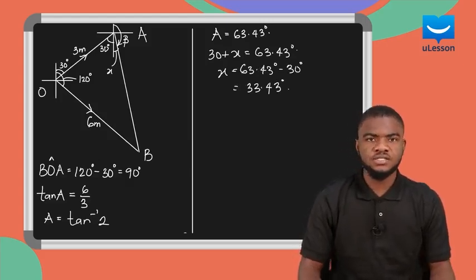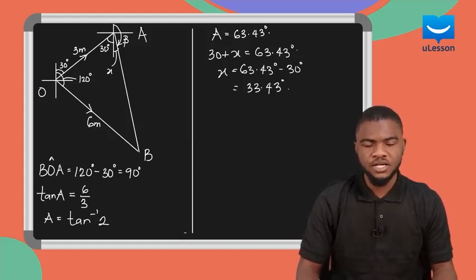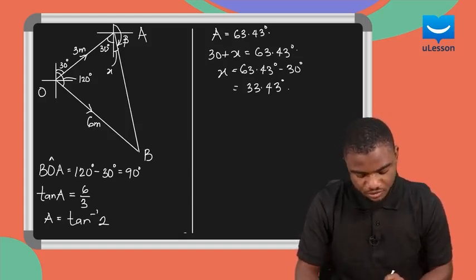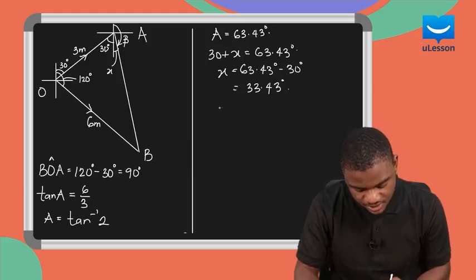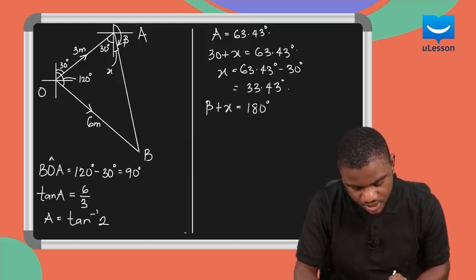Now, how do we get the value of beta, which is the bearing of B from A? We can see that beta and X lie on a straight line, that is beta plus X is equal to 180 degrees.